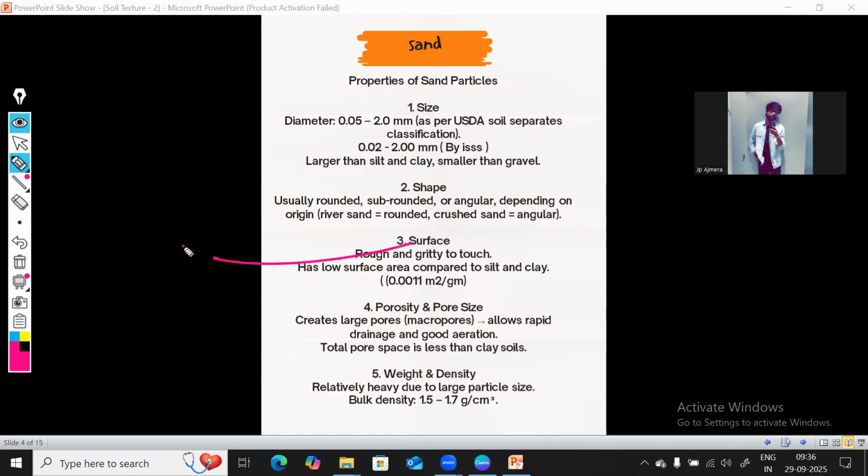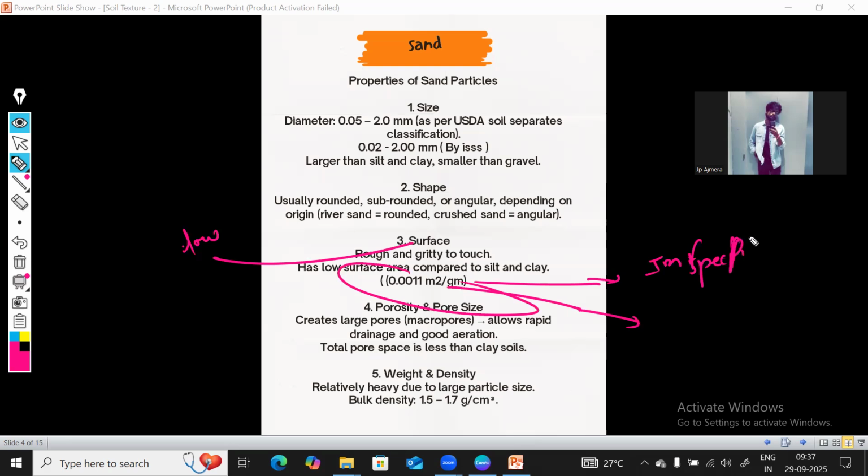Surface area is low for sand. This is important to remember for examinations, especially in GRL or SRL.